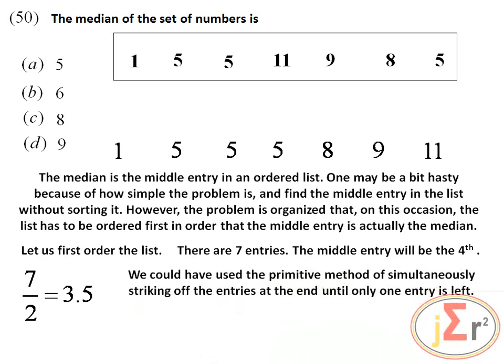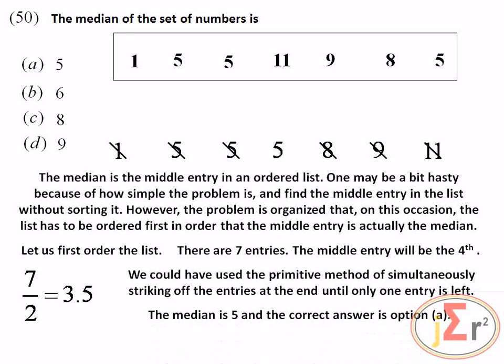We could have used the primitive method of simultaneously striking off entries at the end until only 1 entry is left. So those 2 will go, and we are going towards the middle, and we take the next in line. Finally, we have only 5 left, and that is our median.